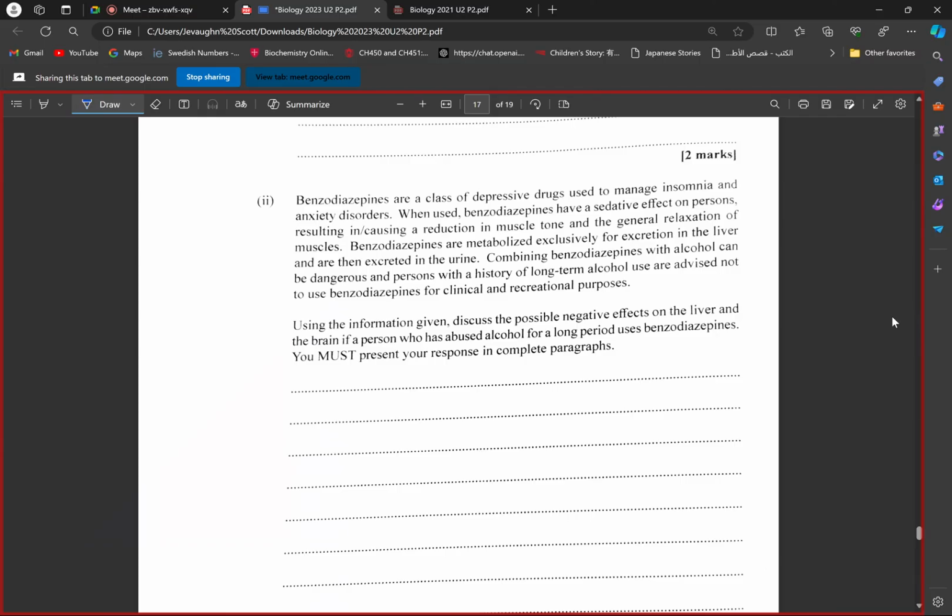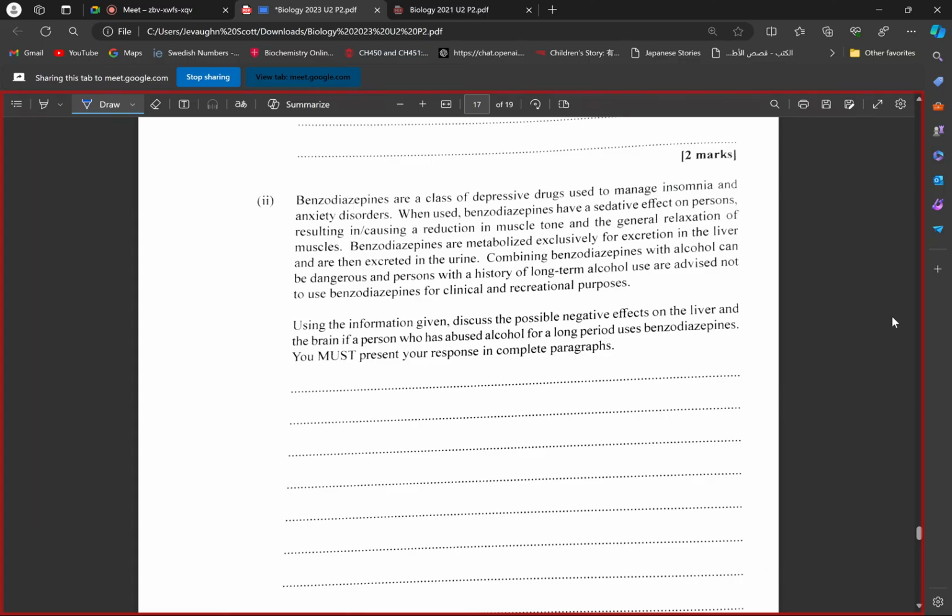If the benzodiazepine causes relaxation of the liver muscles, it further won't be able to properly carry out its function, because it will inhibit that function even more.